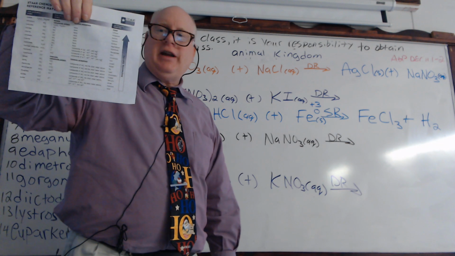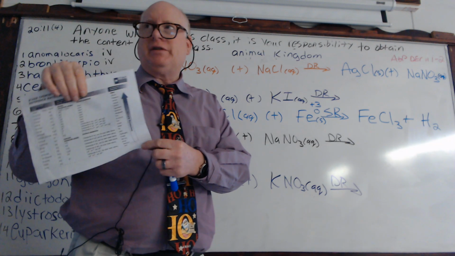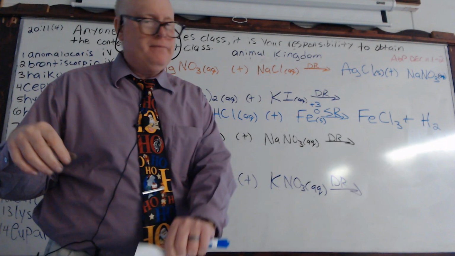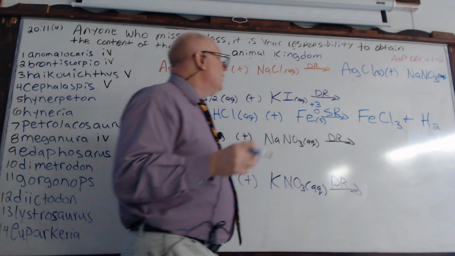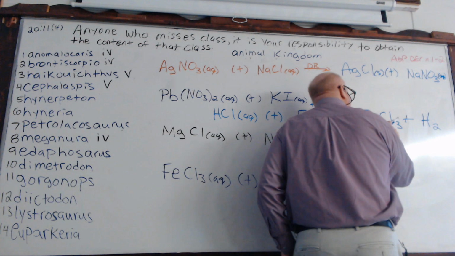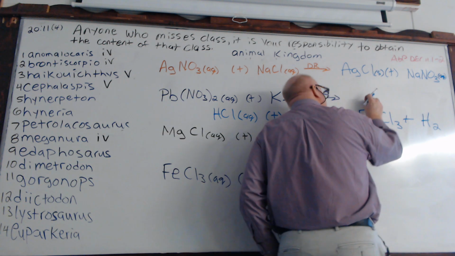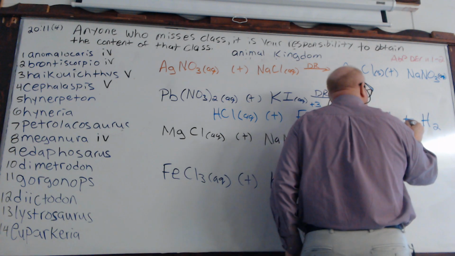Where's hydrogen at? Hydrogen's below iron. So we know this is going to take place. Okay? So then what's going to happen is, are chlorides soluble? Is this silver, mercury, or lead? So what type of solution is that?